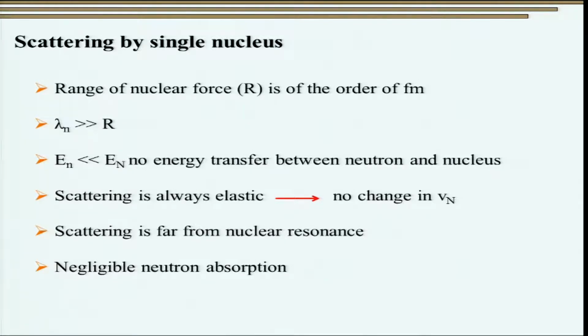Therefore, the wavelength of the neutrons is much larger than the range of the nuclear force. Therefore, the energy of the neutron is much lower than the energy of the nucleus, and this ensures that there is no energy transfer between neutron and nucleus.